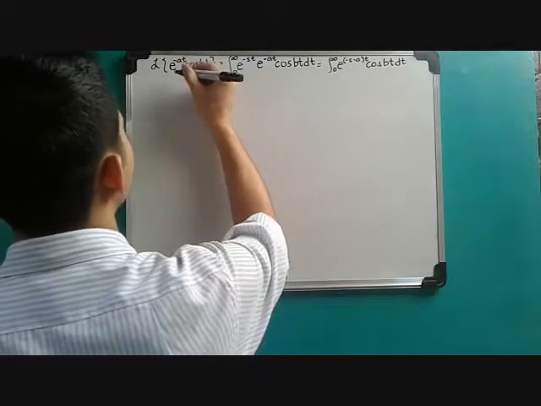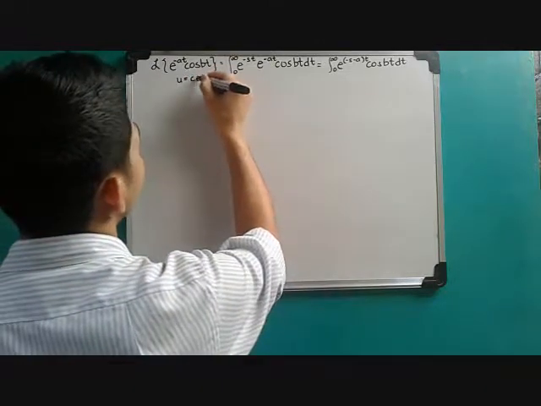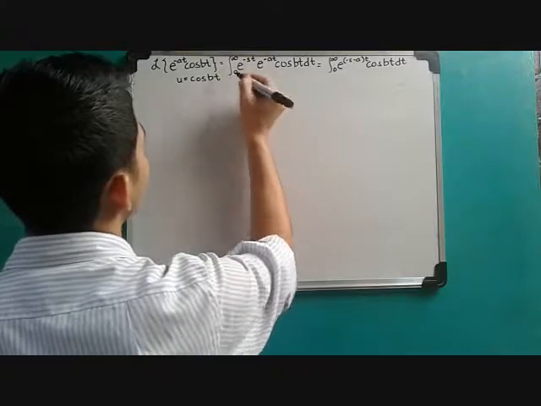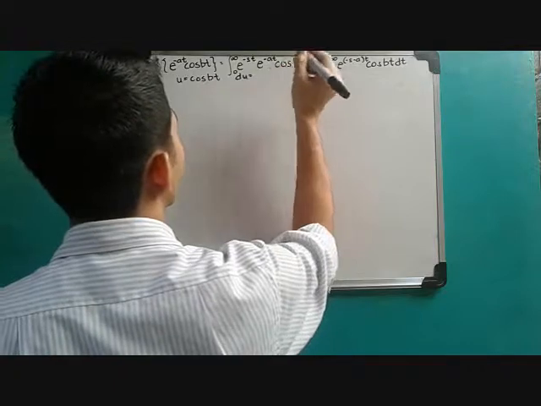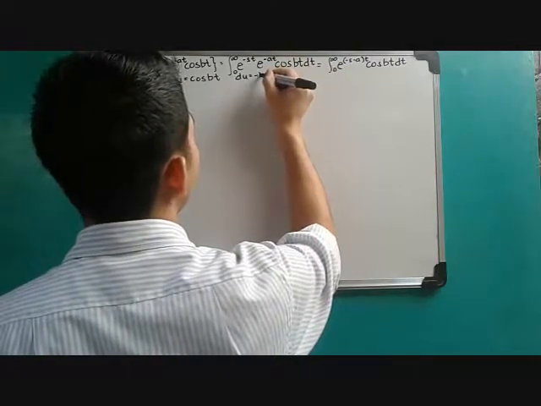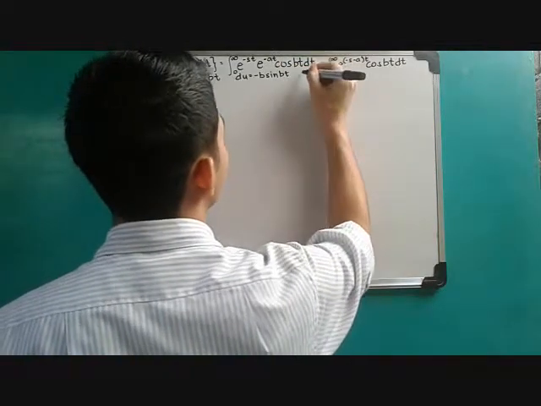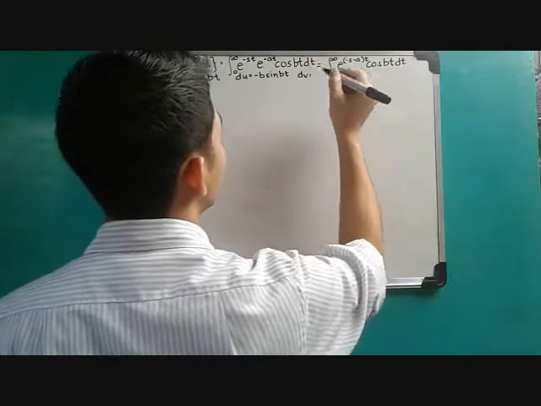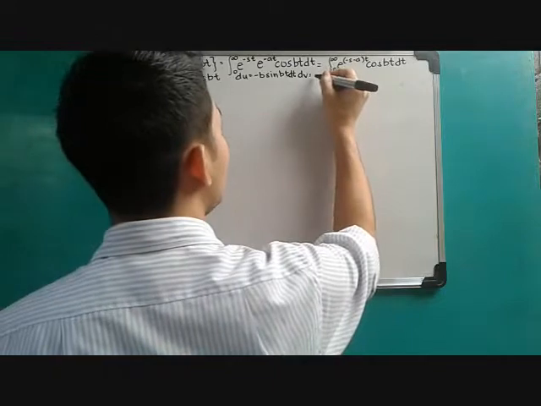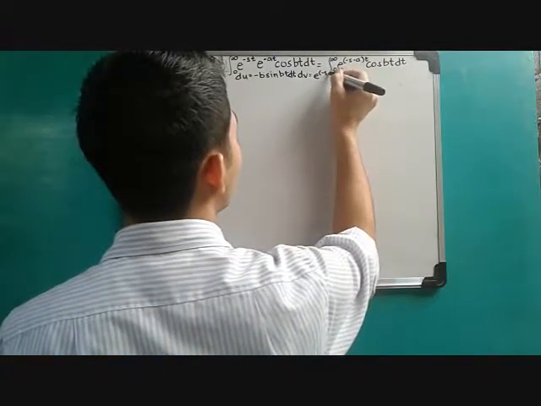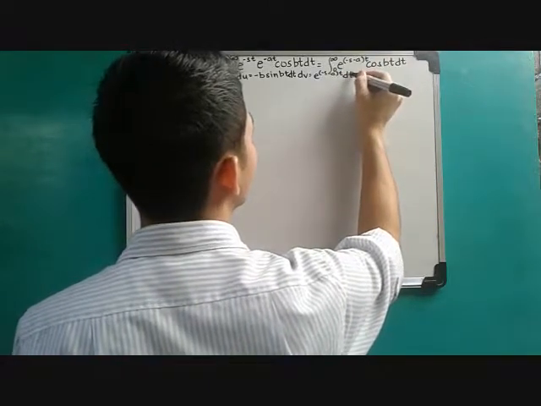So first, you need to find u. U is equal to cosine bt. The derivative of cosine bt is equal to negative b sine bt. dv is equal to e raised to the quantity negative s minus a times t dt.